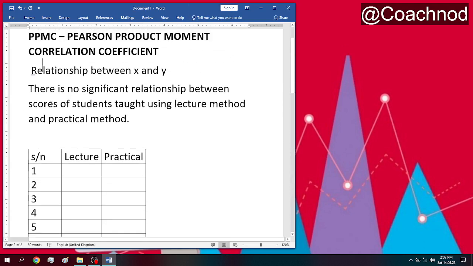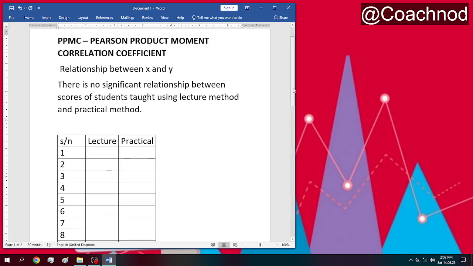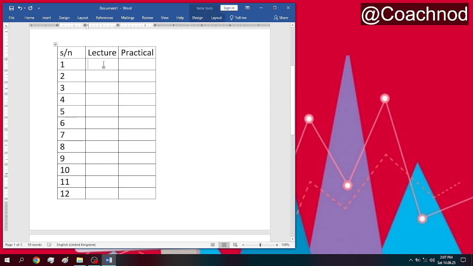So these are the students. So the scores now show that, okay, 55, 57, 61, 42, 33, 25. It's just random scores.